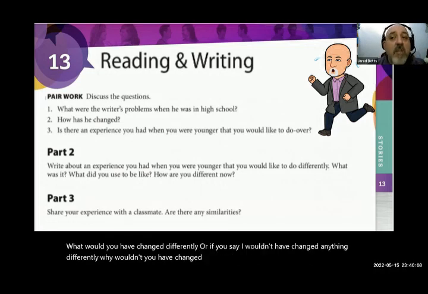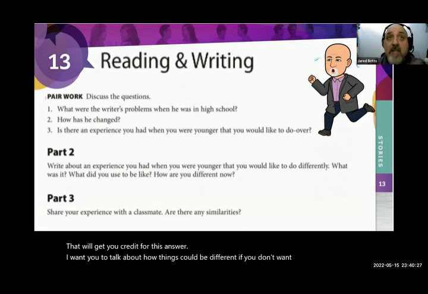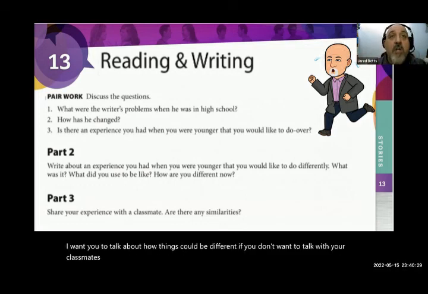Now it says, share experience with a classmate and are there similarities? Do not list this as a yes, there are similarities, or no, there are differences. That will not get you credit for this answer. I want you to talk about how things could be different. If you don't want to talk with your classmates, that's fine. Talk to your mom or dad.